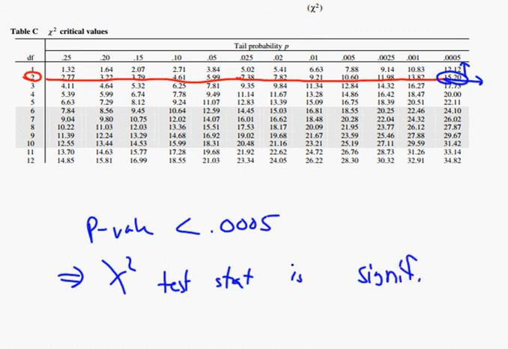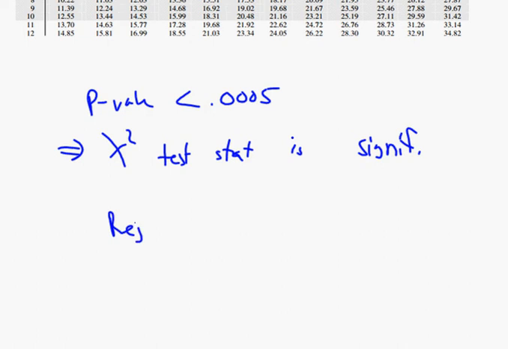And if it's significant, then we can reject H0 in favor of HA. And what that's telling us is that there is a relationship between parent smoking behavior and student smoking behavior, and that these two categorical variables of parent smoking behavior versus student smoking behavior are dependent.